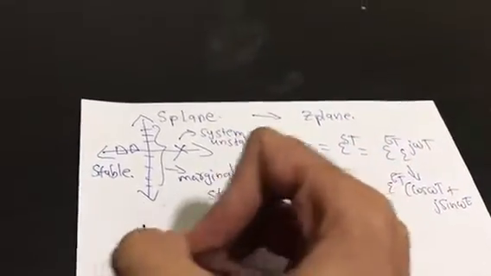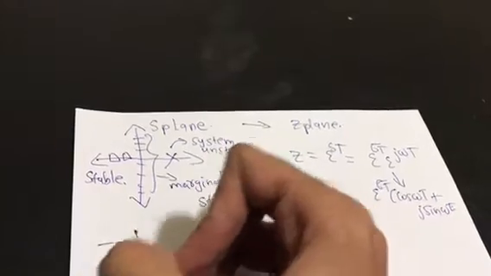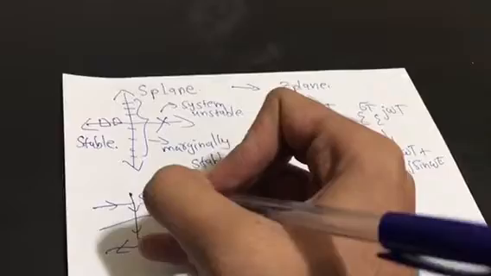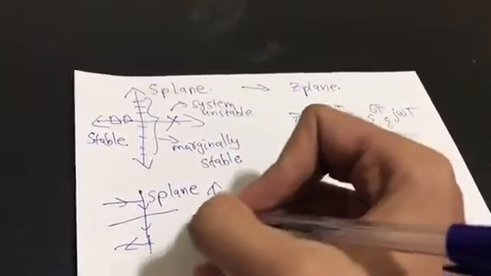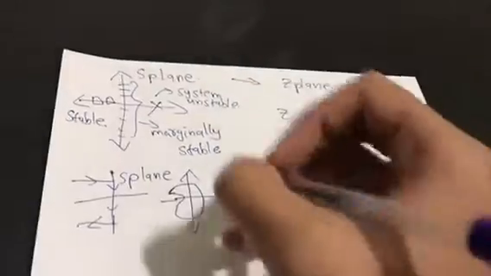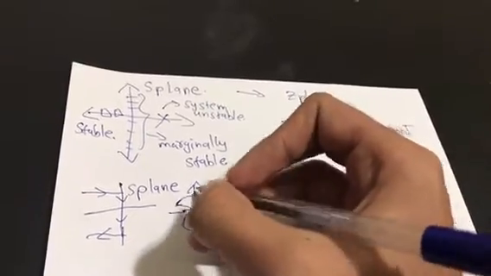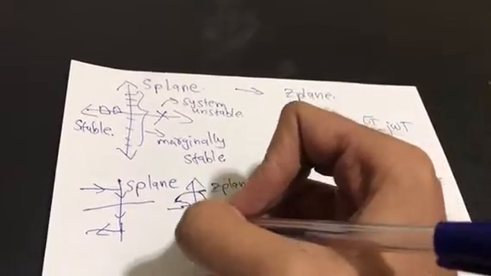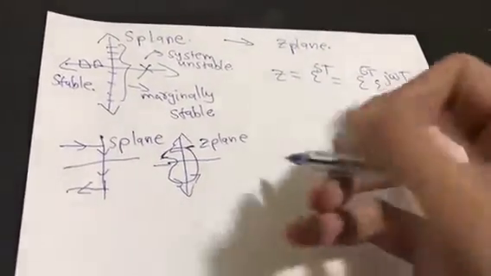So if this is the given S-plane, like this is the S-plane, then this will be its mapped Z-plane, and it goes from here, here, here, here. So this is how we map the S-plane into the Z-plane.